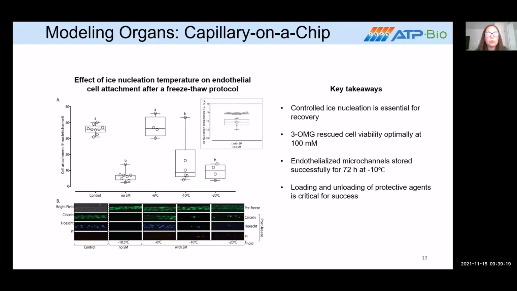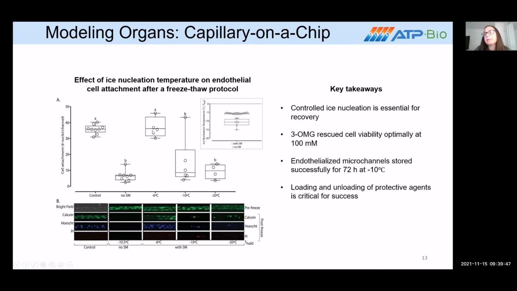It also allowed us to describe how important it was to initiate ice formation at really high temperatures. If you look at this graph, this control is not cryo, so there's no cryopreservation here. When you freeze with no cryoprotectant agents, you just remove all of those cells from the system.